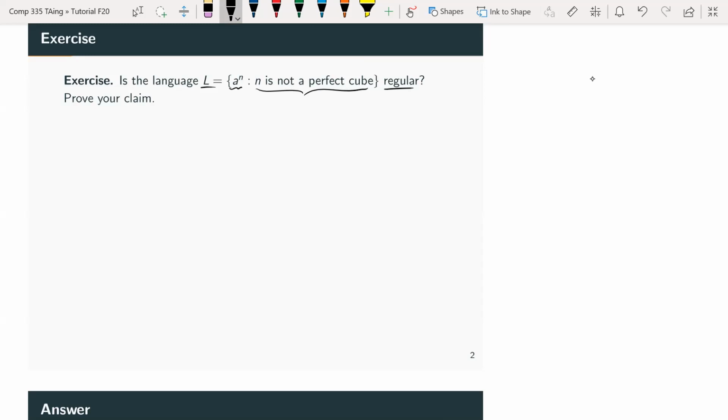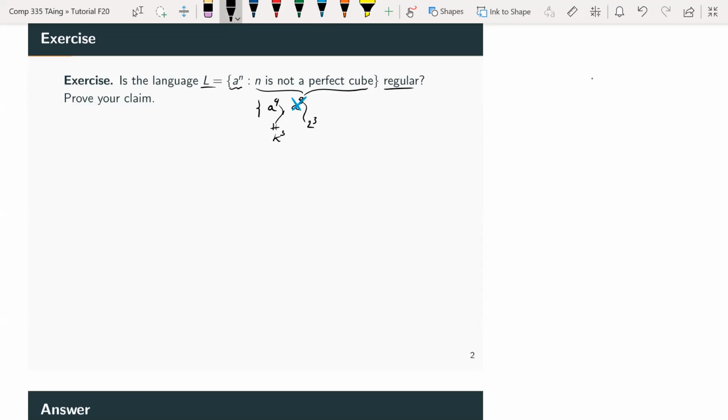But for n is not a perfect cube, it's a bit trickier because we'd want to accept something like a to the 4, because that's not a perfect cube. But we won't want to accept a to the 8 because this is 2 cubed, right?